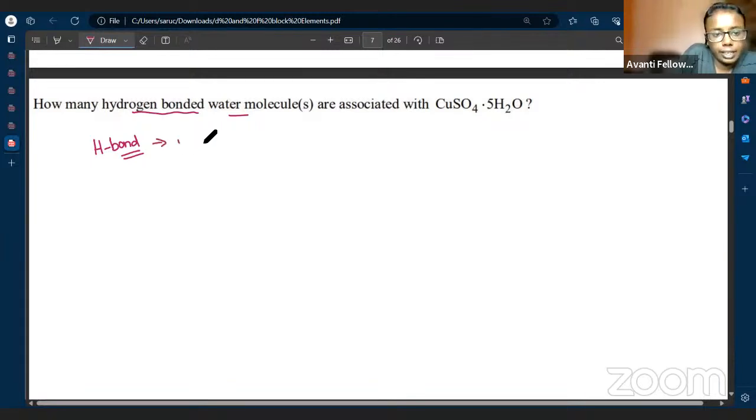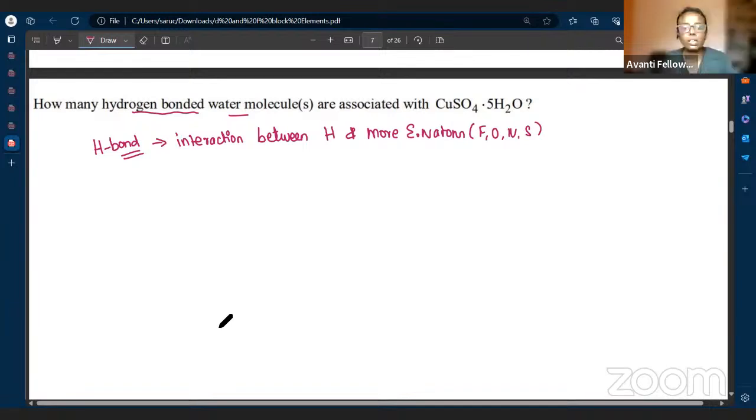It is the interaction between hydrogen and a more electronegative atom like fluorine, oxygen, nitrogen, etc. First I will draw the structure, then you can get the answer easily.